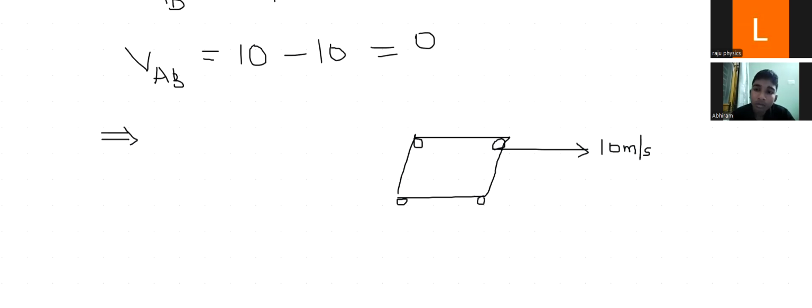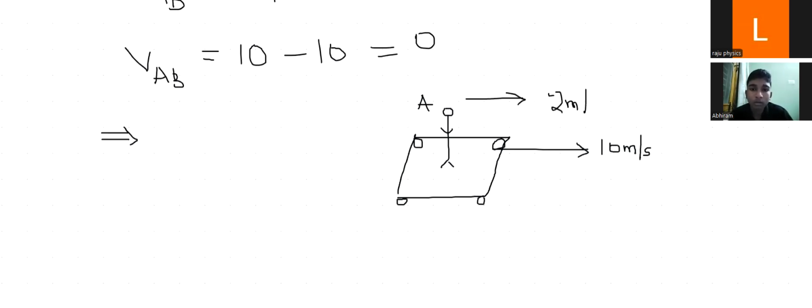One person is standing on the trolley, his name is A. A's speed with respect to the trolley is 2 meters per second.